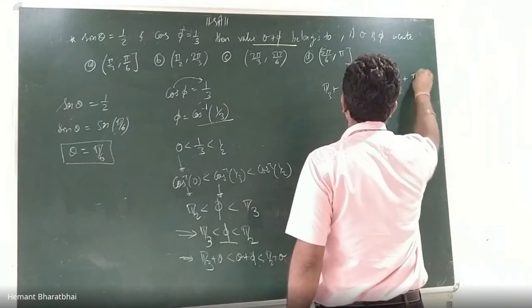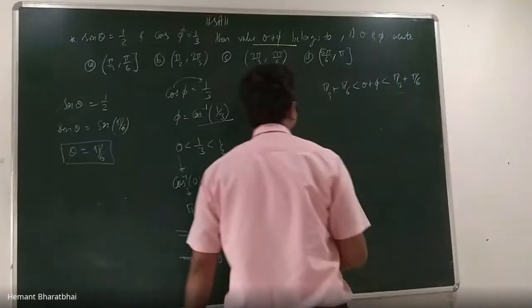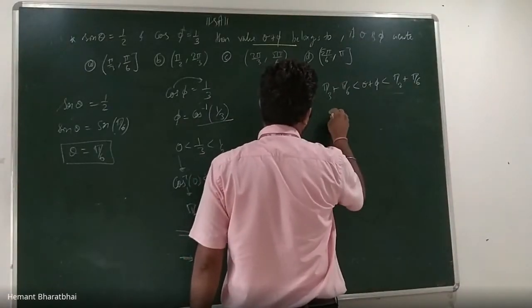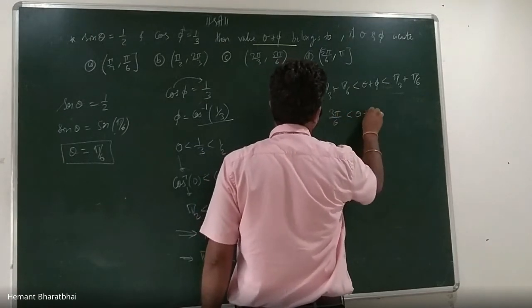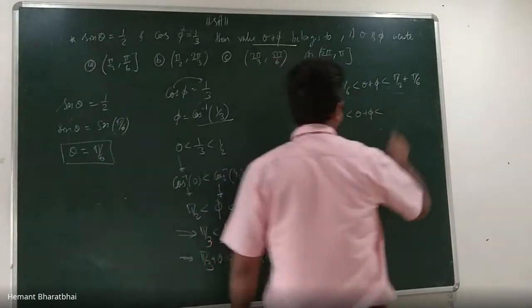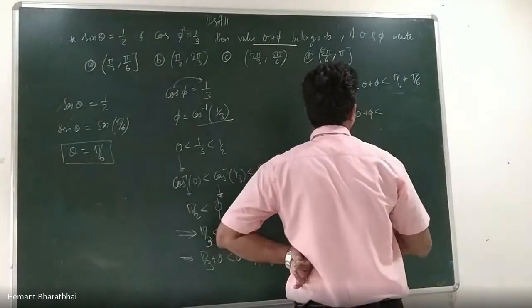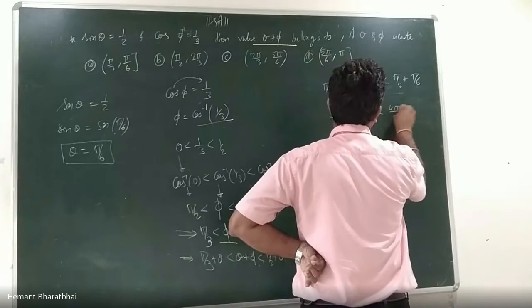So pi by 3 plus pi by 6 is less than theta plus phi is less than pi by 2 plus pi by 6. If I equalize the denominators, 2 pi plus pi, that will become 3 pi by 6, is less than theta plus phi is less than, when I equalize the denominators, 3 pi plus pi, that will become 4 pi by 6.